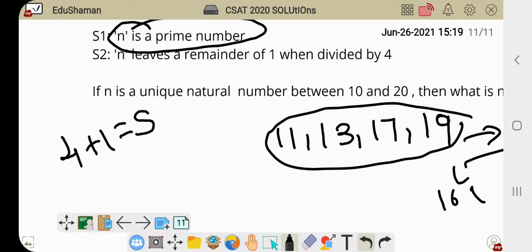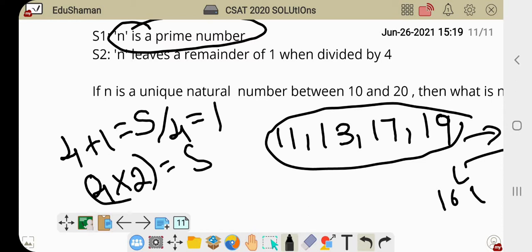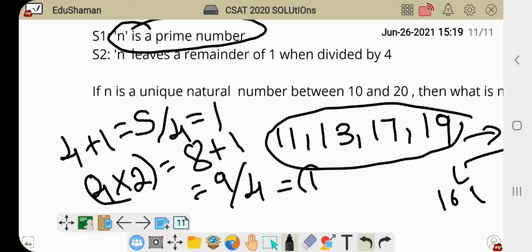If you divide 5 by 4, you will get a remainder of 1. Another multiple of 4 is 4 into 2, 8. If you add 1, that is 9, and you divide it by 4, you will get a remainder of 1. So how many such numbers exist between 10 and 20 which give us a remainder of 1? These are the multiples of 4 plus 1.